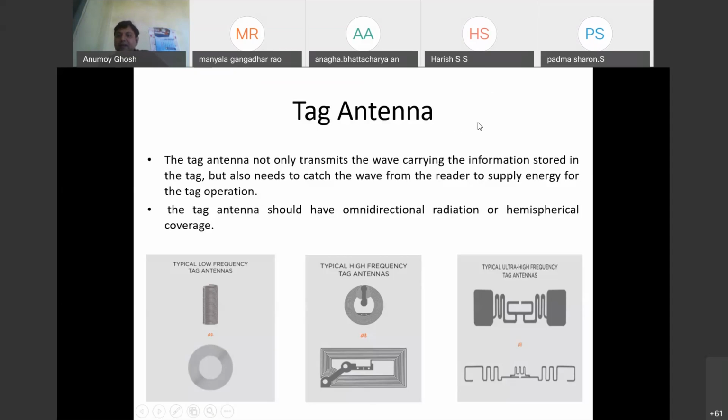Minus j2 means what? Is it capacitive or inductive? Yes, capacitive.